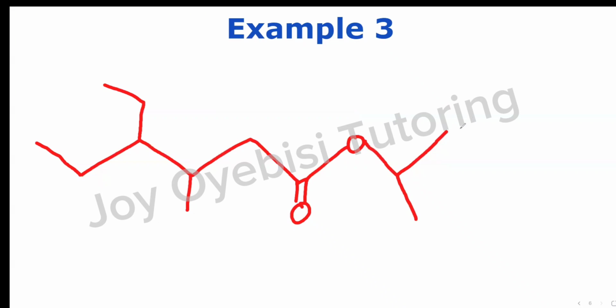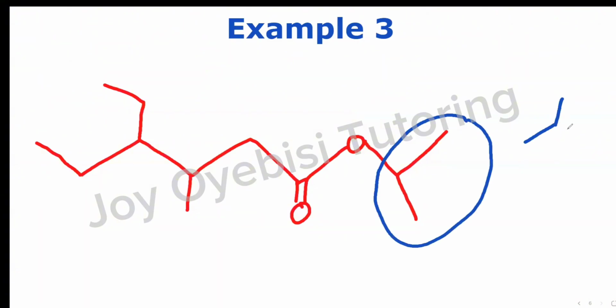So we're going to start with this side. When you have this shape attached to something like it is here, we call that isopropyl. So this is an isopropyl. Now on this other side, we count. So you have, this is actually 1, 2, 3.